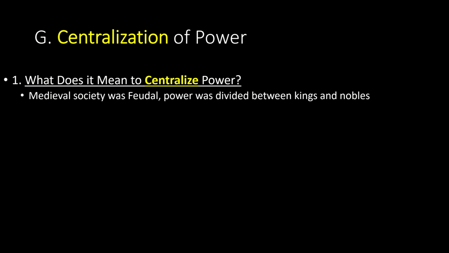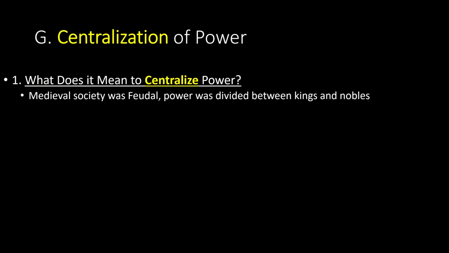If you remember from previous notes, I don't know when it was, but we talked about how medieval Europe was a feudal society, right? And in a feudal society, power was not located or centralized in only the king. Power was spread out through different nobles who controlled their own land. Do you guys remember every noble controlled their piece of land?